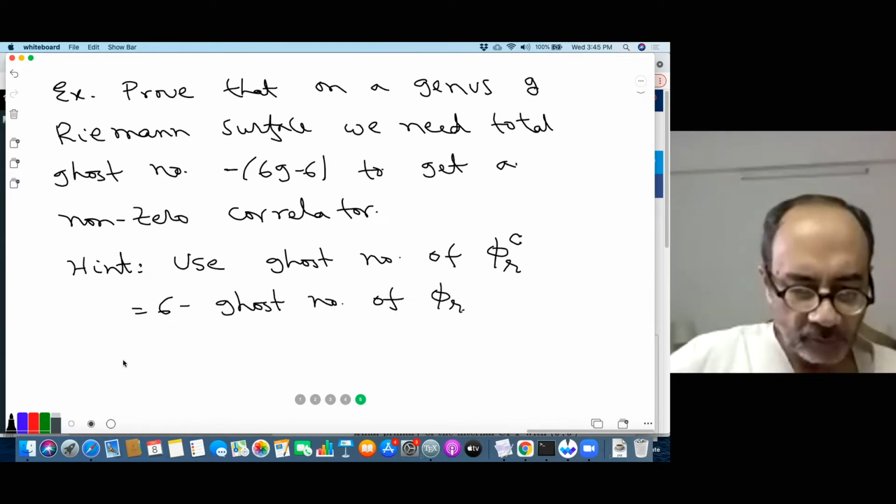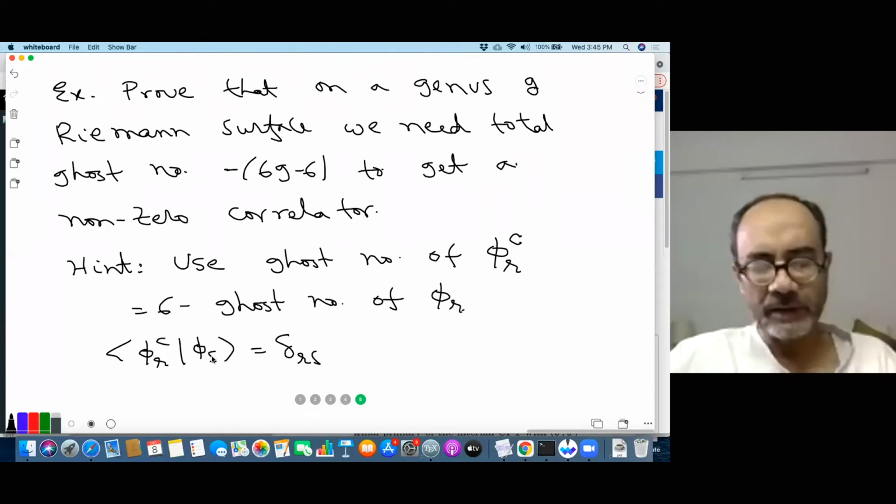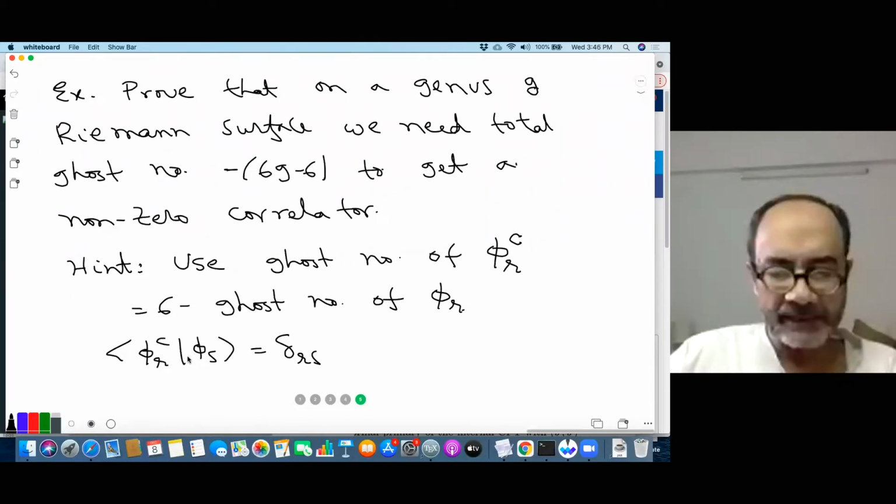That follows from this relation that the inner product of phi r c and phi s equals delta RS. So if phi r c and phi r are the same, then there is a non-zero inner product, but that requires that the sum of the ghost numbers must add up to 6. This is on the sphere, of course. And these together with plumbing fixture can be used to prove this general result. So I'll leave this as an exercise.